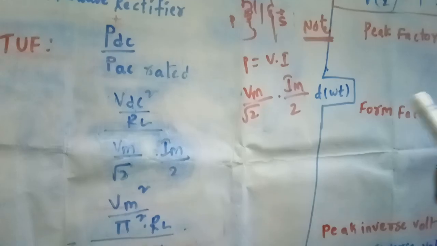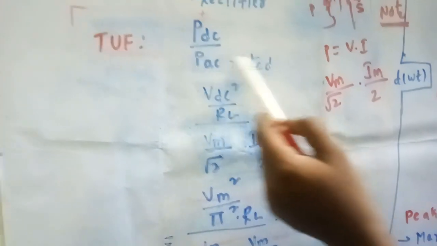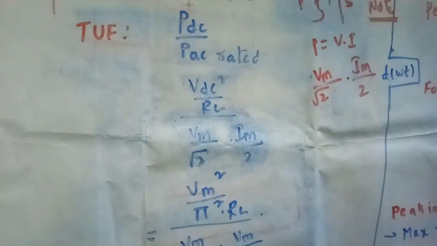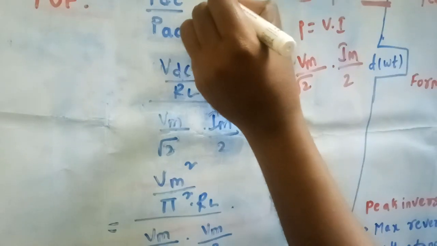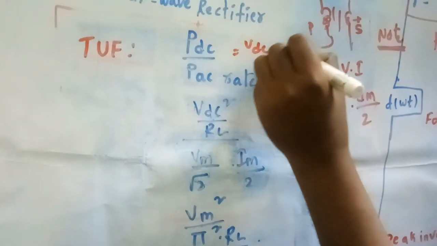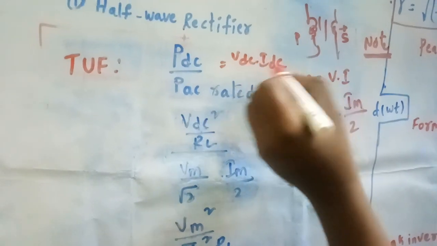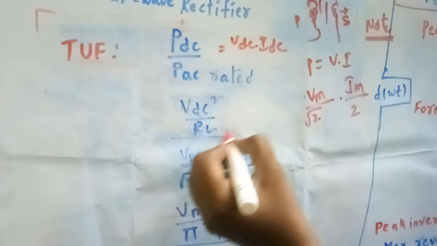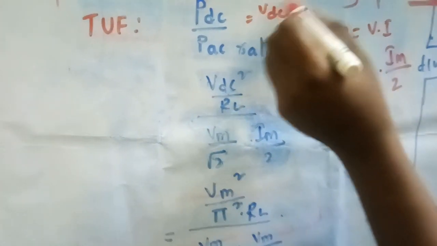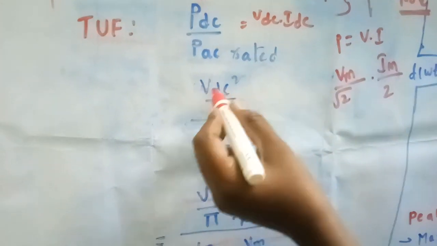This we are going to substitute, PDC by PAC rated. PDC we already know, power is equal to voltage into current, VDC into IDC, which is VDC by RL, that is VDC square by RL. We already derived this previously, that's why I am directly writing VDC square by RL.